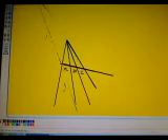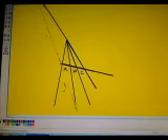So how are we going to prove this? We extend this line right here, and now we're going to make a line parallel to this one.